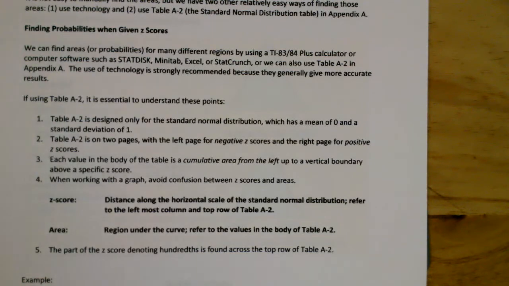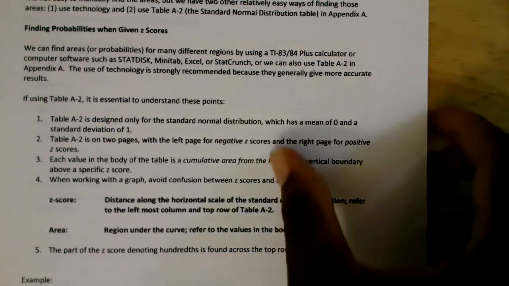And number 4, when working with a graph, avoid confusion between z-scores and areas. And here's the definition of a z-score and the area. A z-score is the distance along the horizontal scale of the standard normal distribution. Refer to the leftmost column and top row of table A-2.